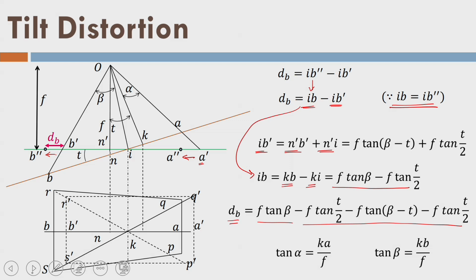fine, and where this tangent alpha is nothing but KA by F. Here this distance, if you see, alpha is KA divided by F, fine.